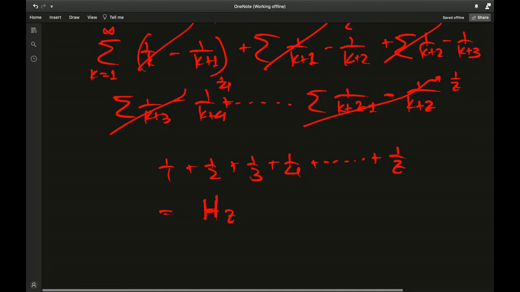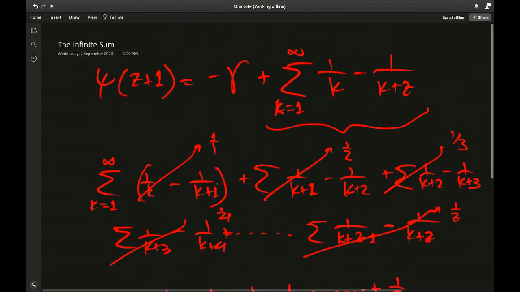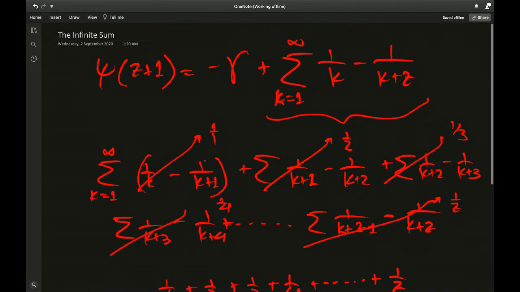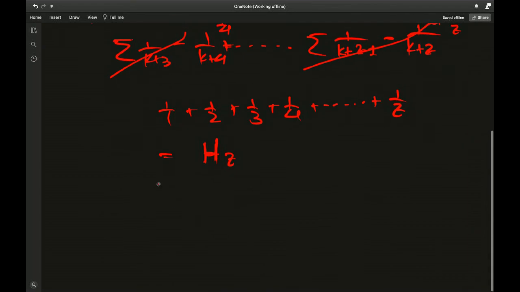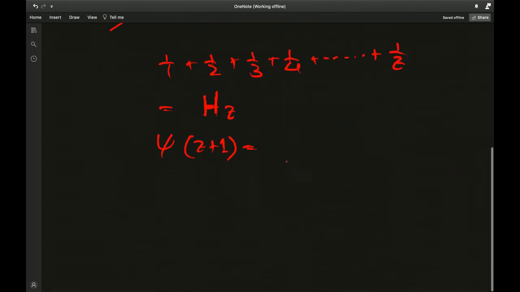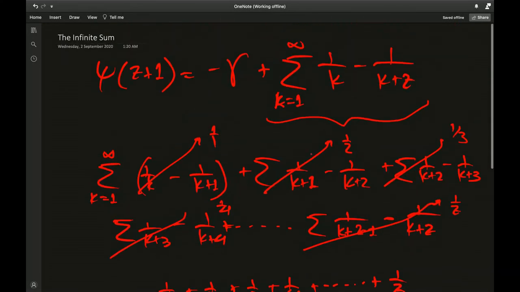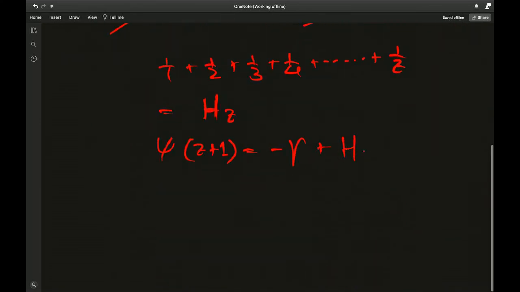Isn't that crazy? I mean, we're tying way different ideas together, because digamma of z plus 1 is actually equal to minus Euler-Mascheroni constant plus the zth harmonic number, because now we can always generate, for any z, the formula for digamma.